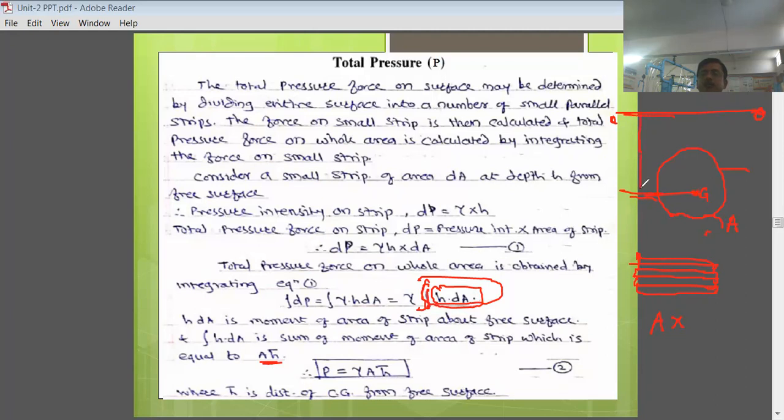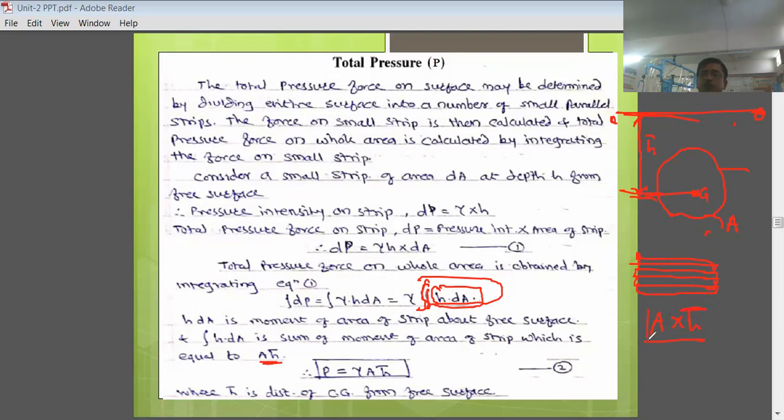You might remember that on the previous slide, in that diagram, the distance between the CG and this axis is denoted by h bar. So the moment of area of the entire vertical plane surface can be represented by capital A into h bar.